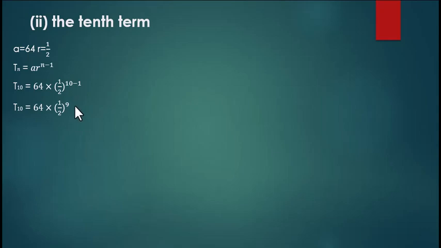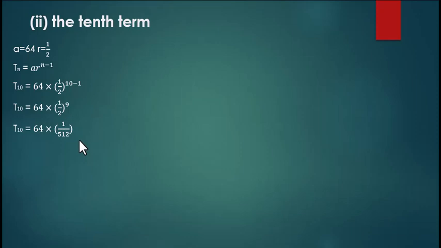Then we work this out. 1 multiplied by itself 9 times is just going to give us 1. Then 2 multiplied by itself 9 times we get 512. From there we work out what we have.